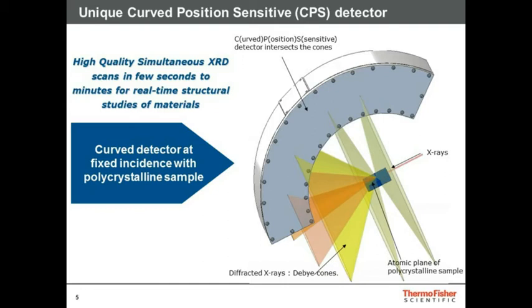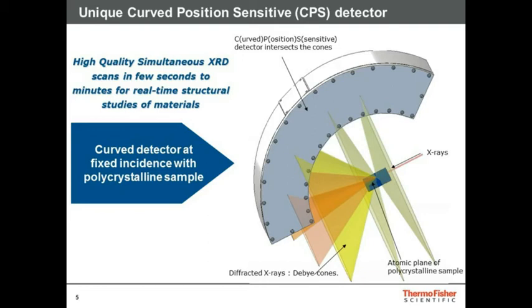The sample is placed in the center of the radius of this detector, and then we shoot X-rays on our sample. These X-rays diffract and form these Debye cones, which you can see in the picture.